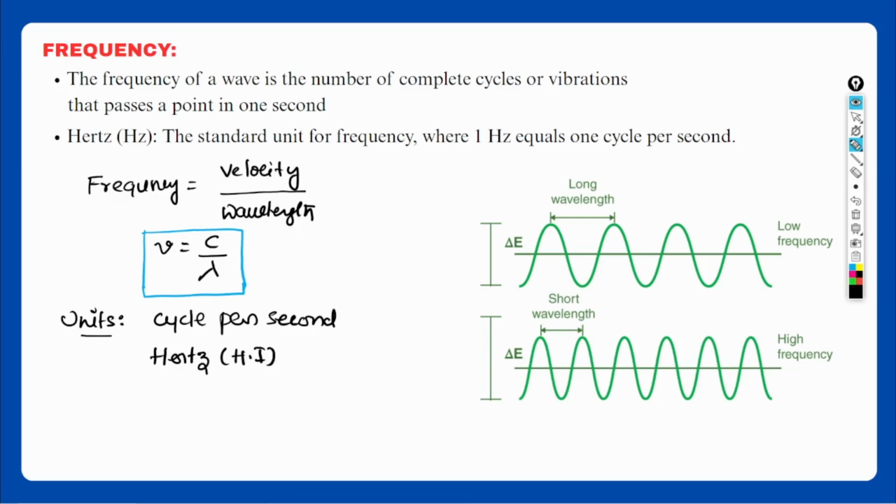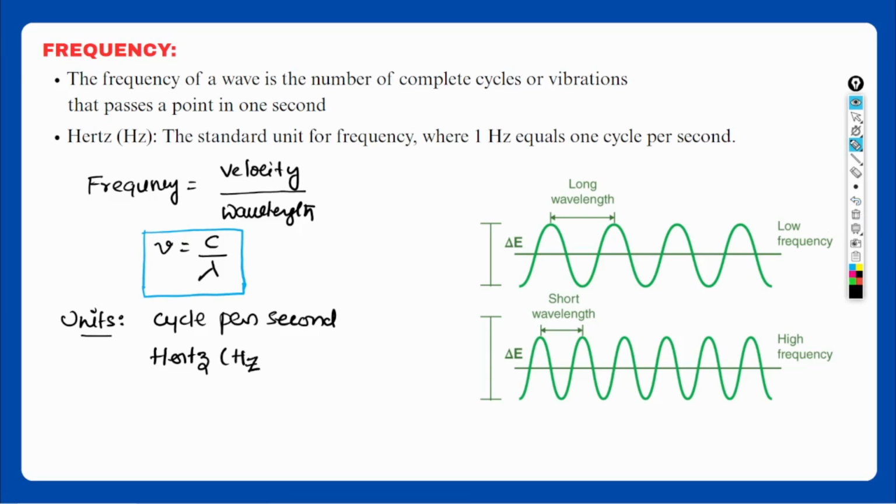And one more important point: hertz is the SI unit of frequency. They will ask a question like that, what is the SI unit of frequency?